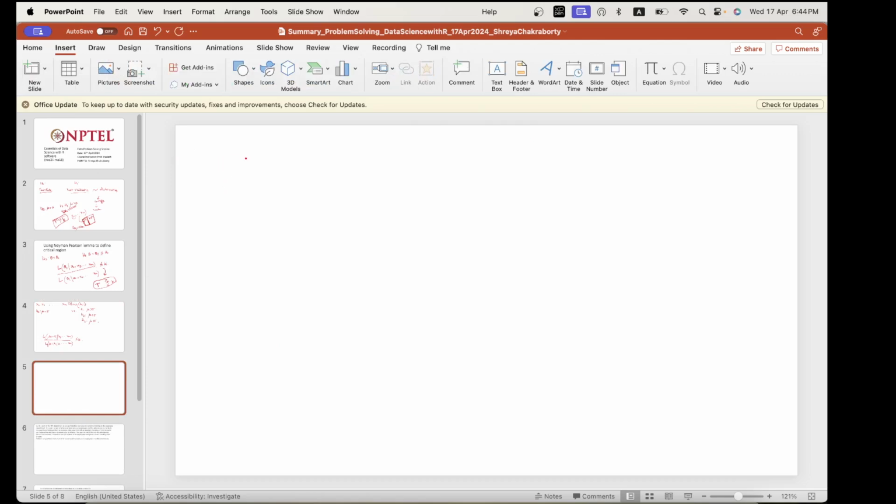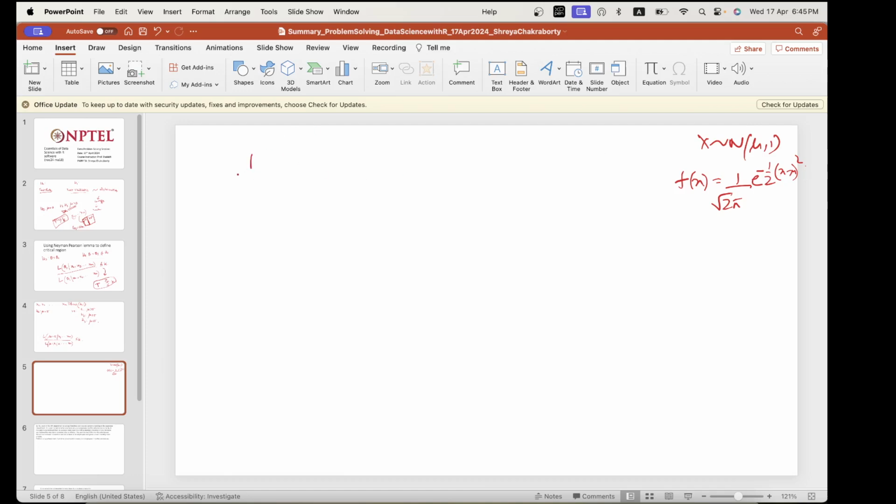Let's say if x follows normal mu1, then f(x) will look like 1 by root 2 pi sigma, here sigma is 1, e to the power minus half into (x minus mu) square. Okay, so if we have n random variables which are independent, this is going to replicate n times, where x will become xi.